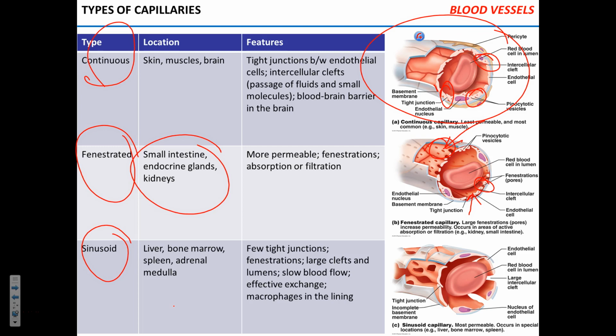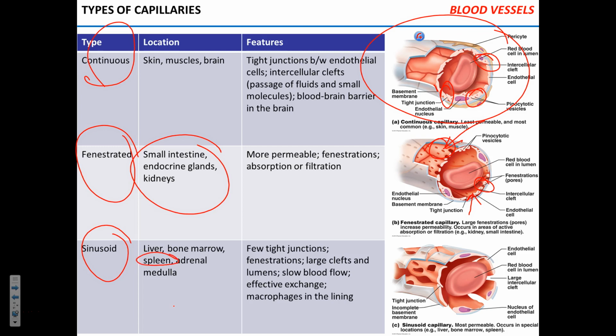Huh? Blood. Not just blood. It makes blood cells. Because protein components are made by liver. Also sinusoids, a lot of protein transport. Cellular components made in the bone marrow. So you have to transport the entire cells. You need really permeable capillaries.